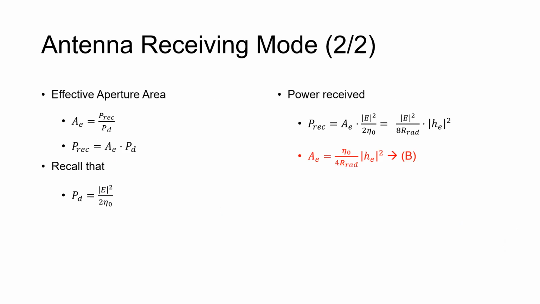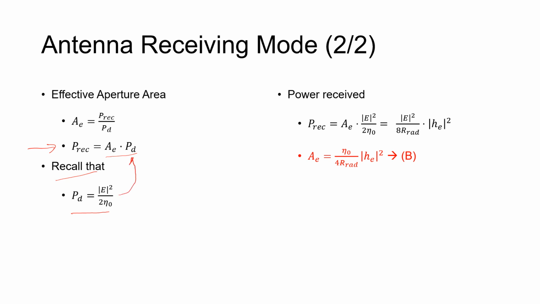Now we revisit our aperture area definition from the first slide and reformulate it a little bit in the form of the power received is equal to the effective aperture area multiplied by the power density. Then we will recall that our power density is simply magnitude of the electric field squared over 2 eta naught.